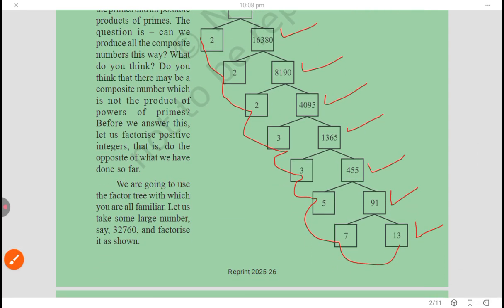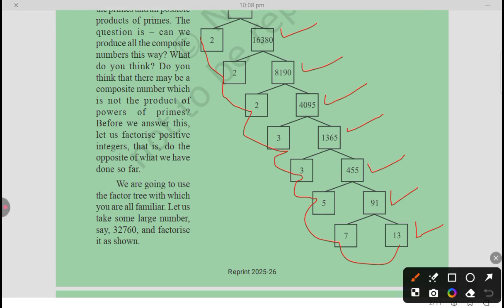So keep on going, and it will end up with the number 13 at last. So this 2, 2, 2, 3, 3, 5, 7, 13 are the factors of this number.